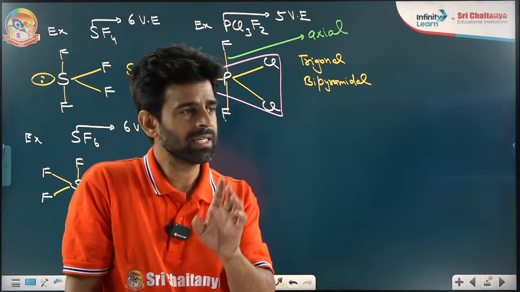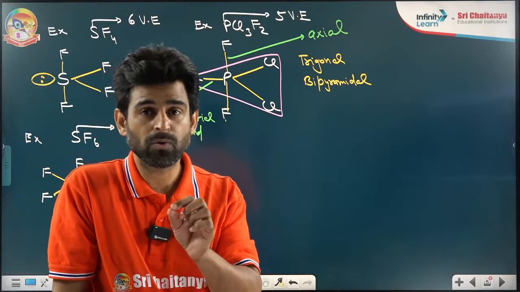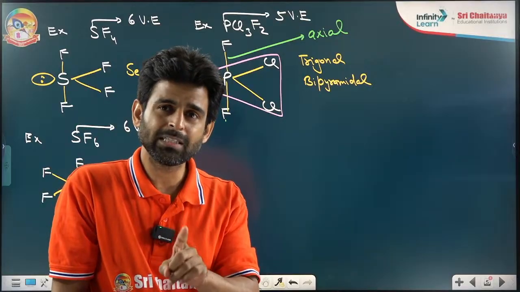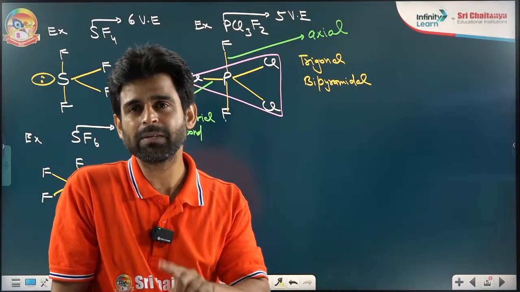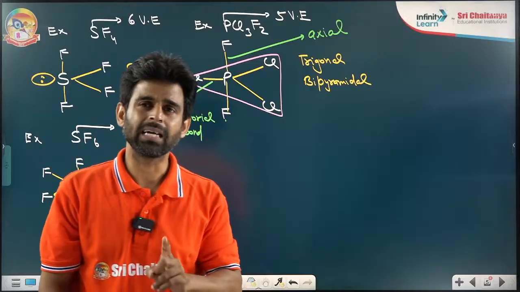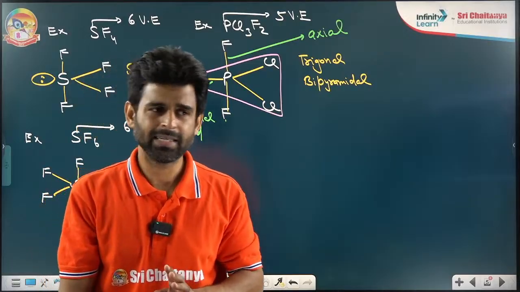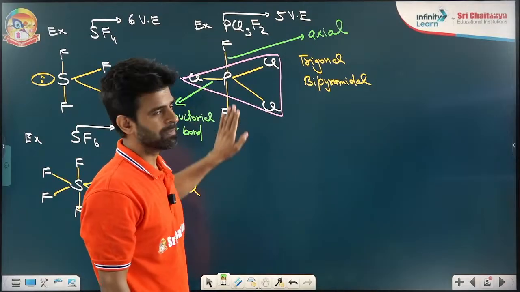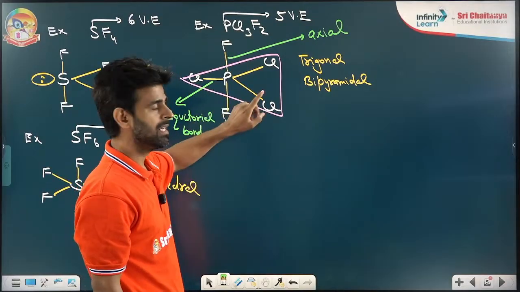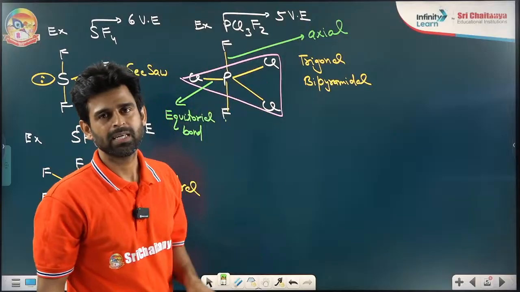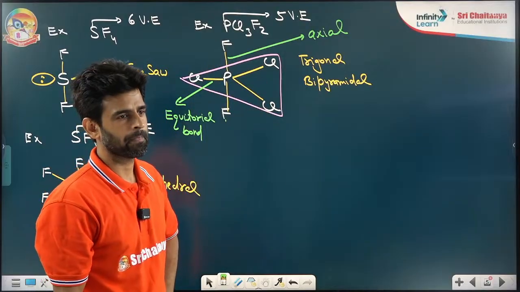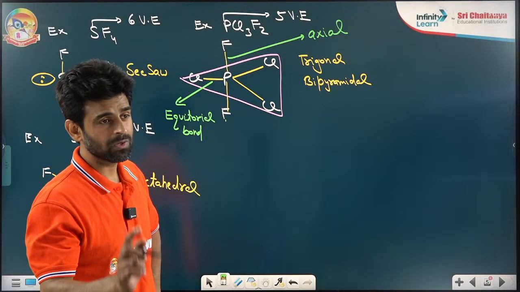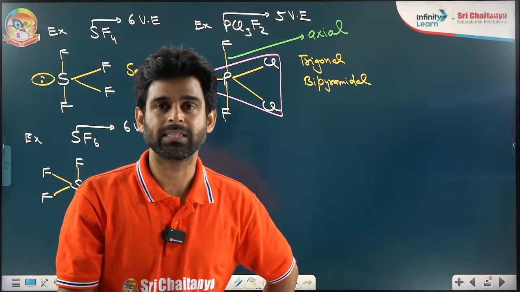Out of fluorine and chlorine, fluorine is more electronegative, that's why you will keep it on the axial. Clear, bacha? That's why I am keeping the fluorine on axial and chlorine on equatorial. Fine? Yes, Cl on equatorial and fluorine on axial, right?